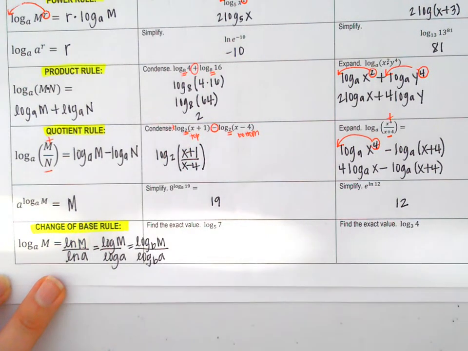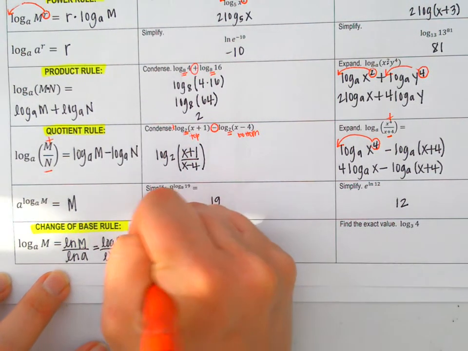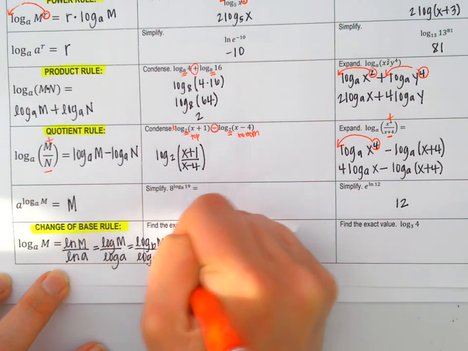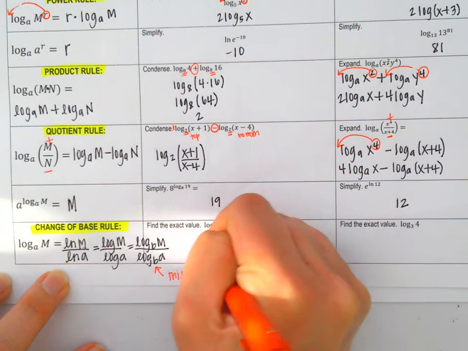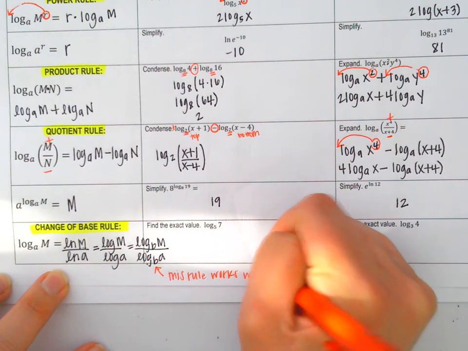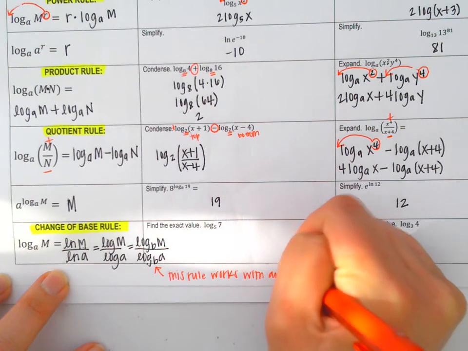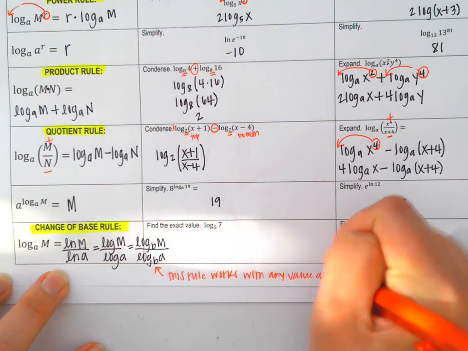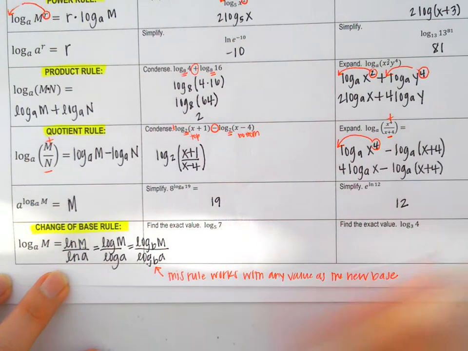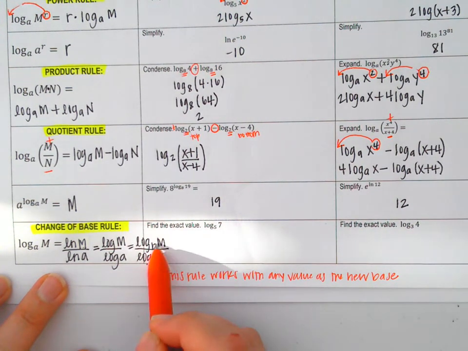So you can change this to be any base. This rule works with any value as the new base, as long as you're consistent, as long as the base is the same on top and bottom.